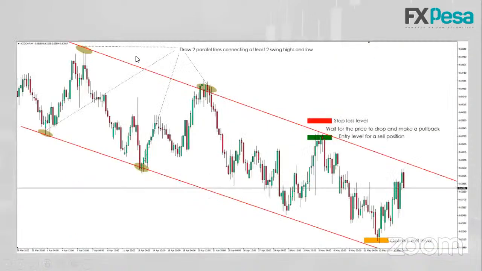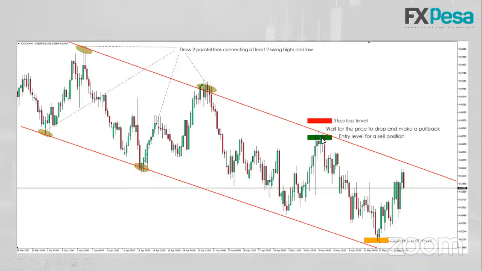Similarly, you might have such a structure. This is what you're calling a descending channel. In this case, you'd seek to sell in line with the trend, and your entry for a sell would be a case where price rises to retest the upper trend line of the channel.